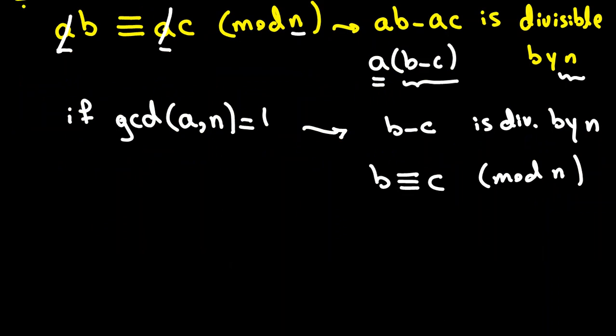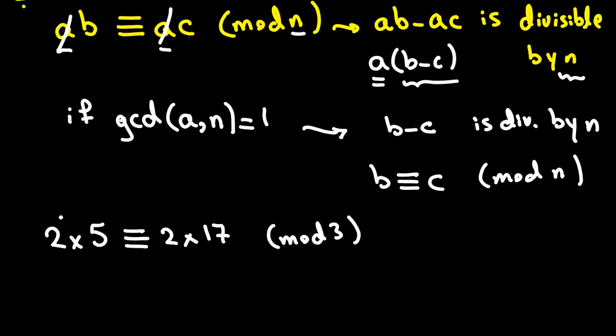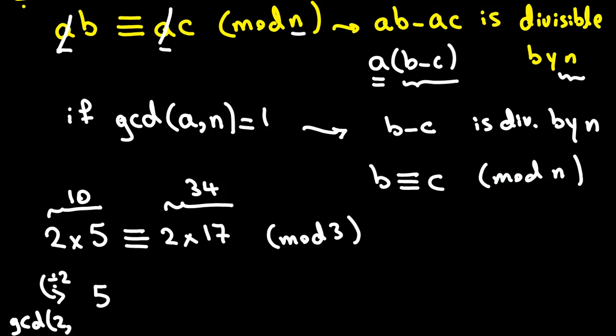Let's see an example. 2 times 5 is 10. 2 times 17 is 34. If you divide both of them by 3, the remainder is 1. They are equal. And if we divide both sides by 2, we can do it because GCD of 2 and 3 equals 1 here. So 5 is congruent to 17, and if we check, we will see it's correct.